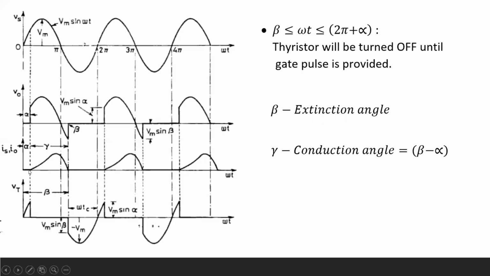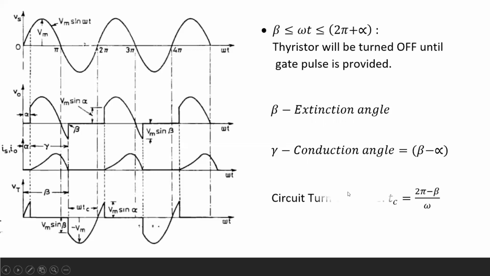From that instant only the thyristor will carry the current, right? So at alpha it starts conducting, it will carry the current, and at beta the current approaches zero. So this is the conduction period or the conduction angle, and the conduction angle is defined as beta minus alpha.